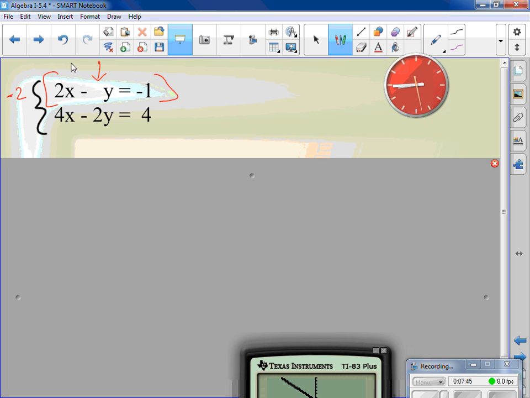When I distribute through, negative 4x plus 2y equals 2. 4x minus 2y equals 4. All right, gone, gone, so that's 0 equals 2 plus 4, which is 6.